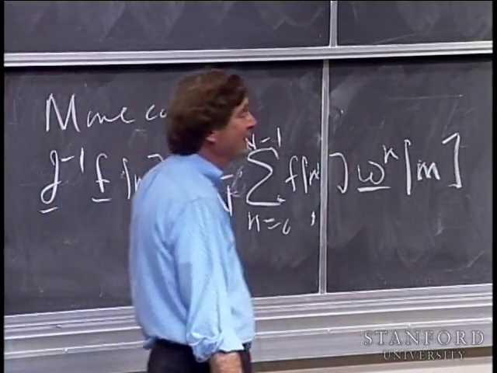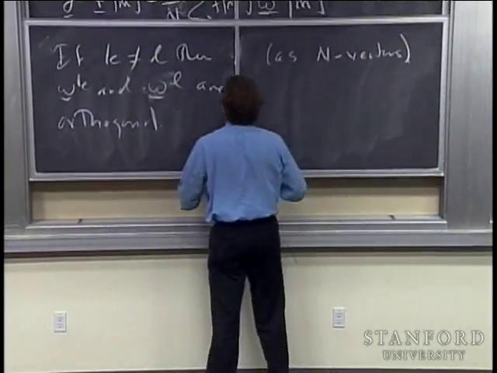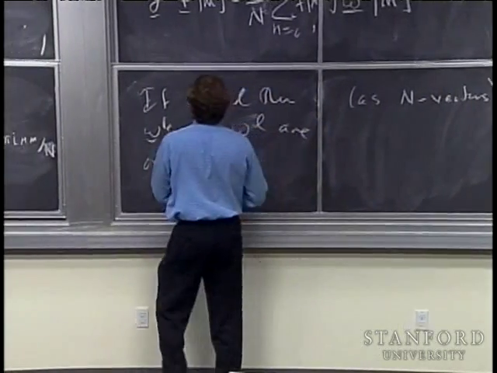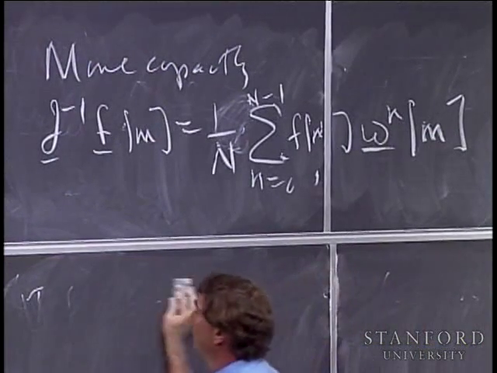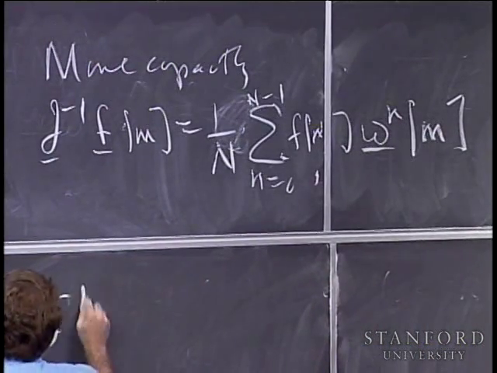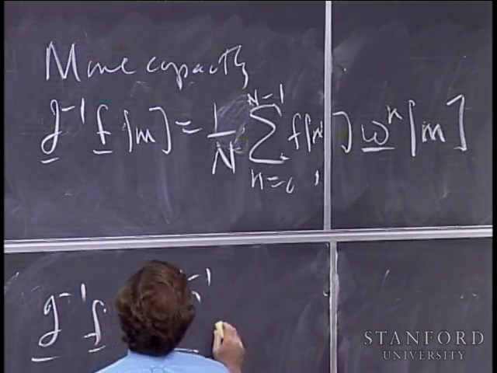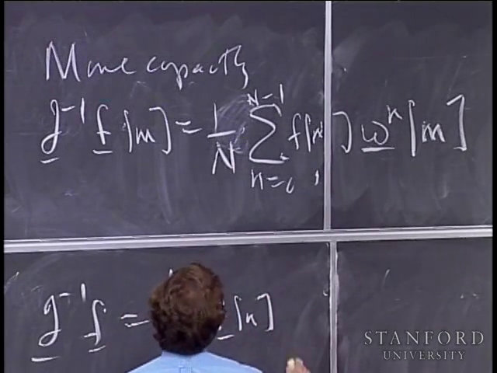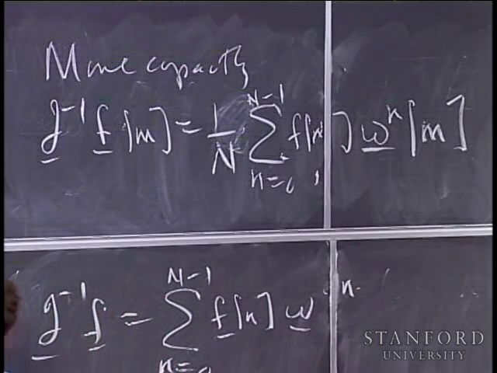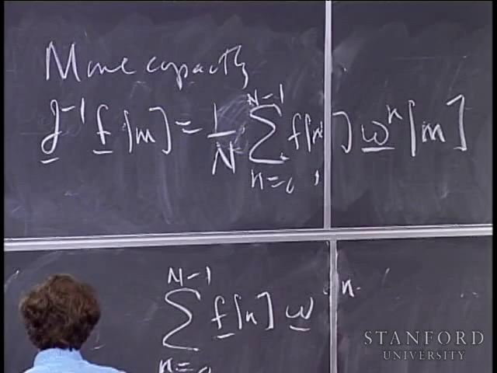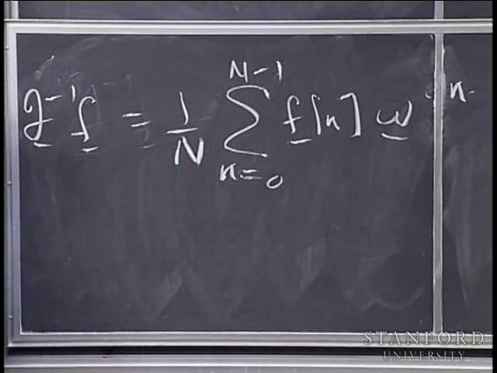Or written more compactly still, if I drop the variable, the inverse Fourier transform of f is 1 over N times the sum from n equals 0 to capital N minus 1 of f n times omega to the n. Oh, I forgot the painful factor 1 over N. All right?